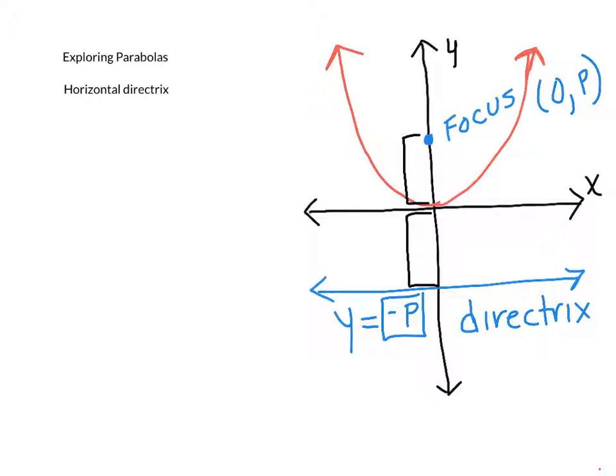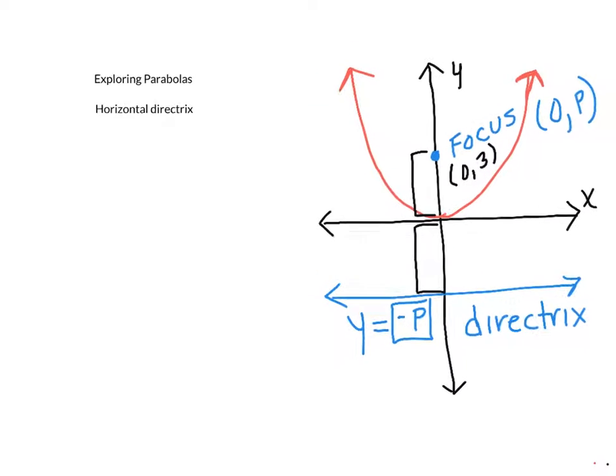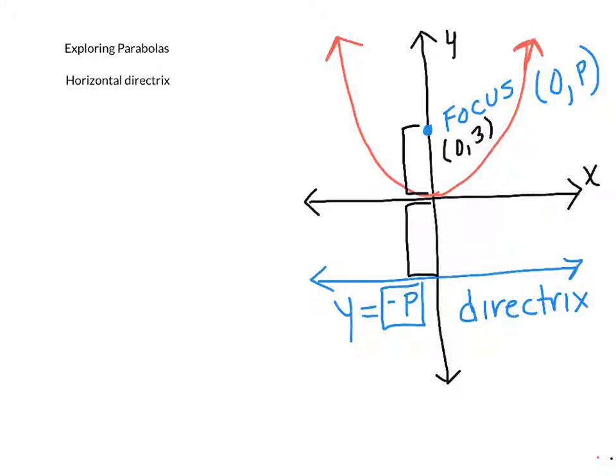So if the focus point was 0, 3, and I know my vertex is 0, 0, then the point at my directrix would have to be at -3, where y equals -3.